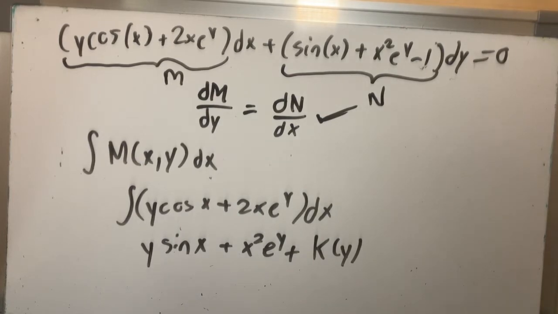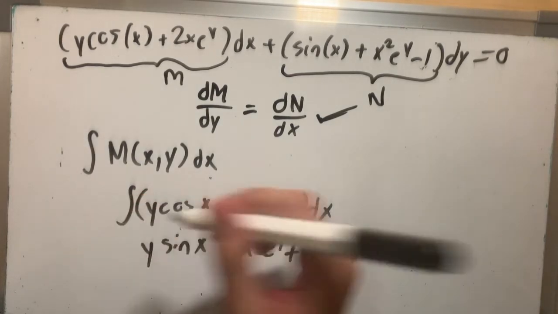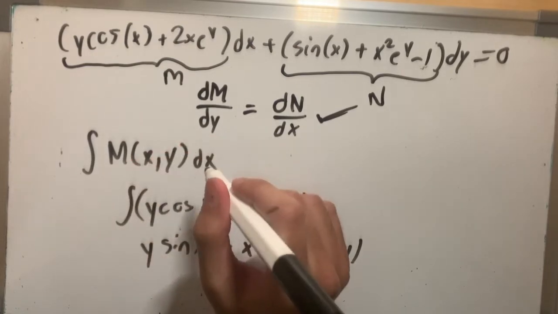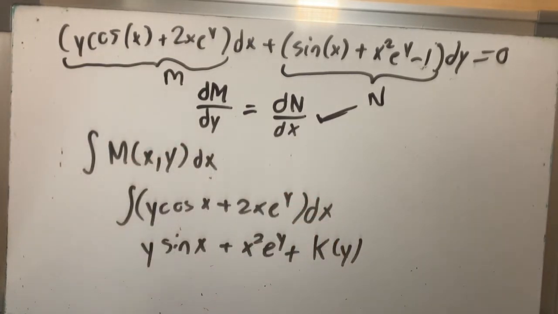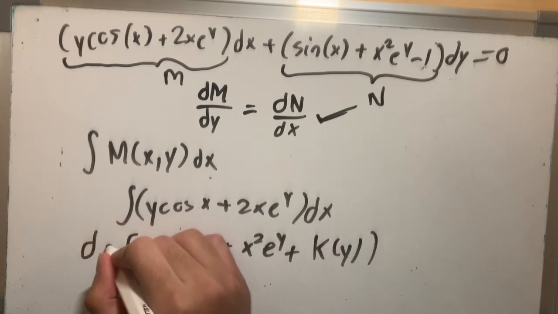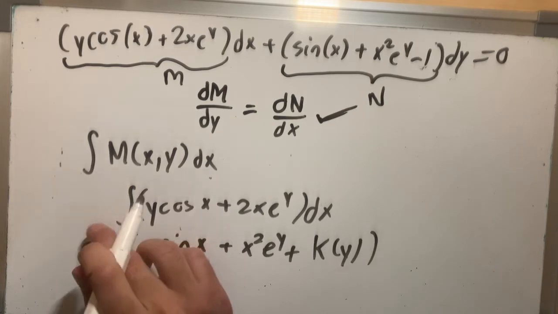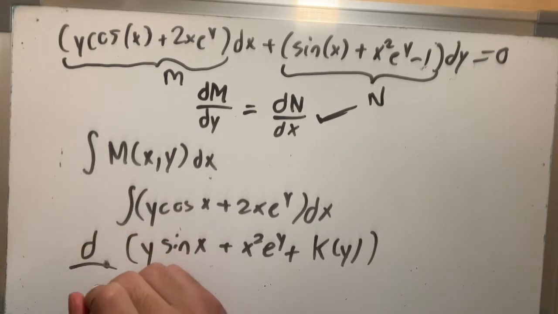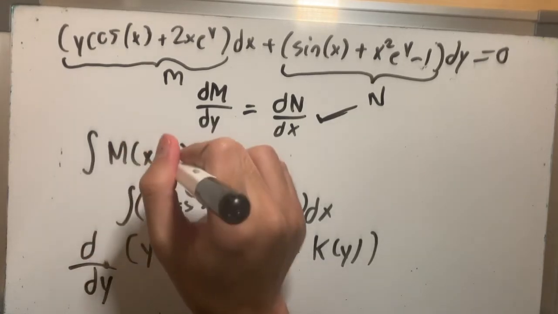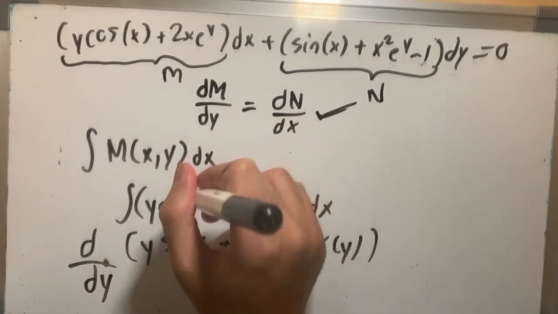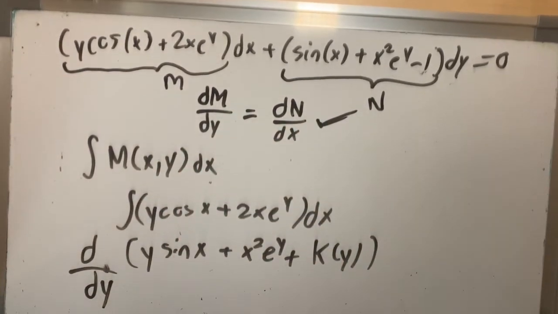So once we found this equation, the integral of M with respect to x, we're gonna find the derivative. But we're gonna find the derivative with respect to y. We found the integral with respect to x. We're going to find the derivative with respect to y now.